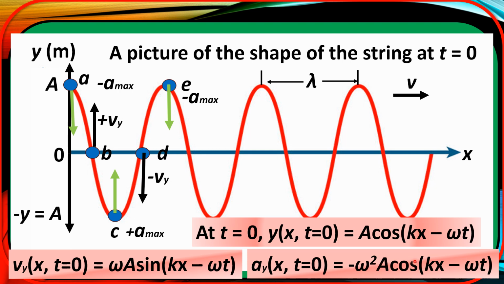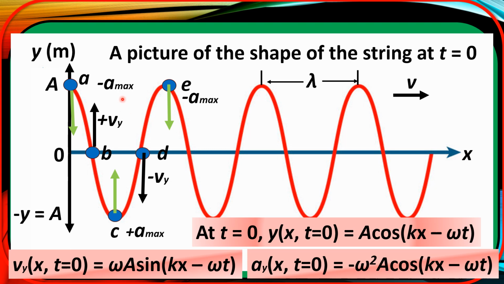For instance, going back to our illustration, particle A has a negative transverse acceleration because it is located in the positive displacement y, and we emphasize that here by the arrow colored green pointing downward towards the equilibrium position.